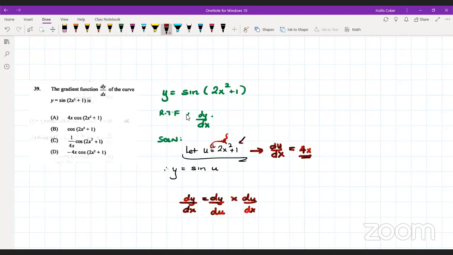And if y is sine u, then dy/du is equal to cos u. When you differentiate sine x, you get cos x, right? So you get cos u.